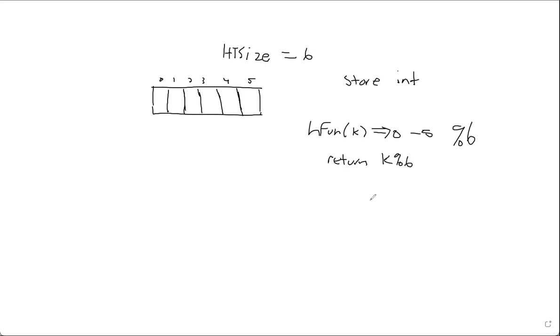The way mod works, remember, it's a remainder from a division. It can't be anything but 0 through 5. If the number is evenly divisible by 6, so if it's 6 or 12, 18, whatever, the remainder is 0. If it were 7, the remainder is 1. If it's 8, the remainder is 2. If it's 9, the remainder is 3, and so forth, all the way up to a remainder of 5. 11 would have a remainder of 5.